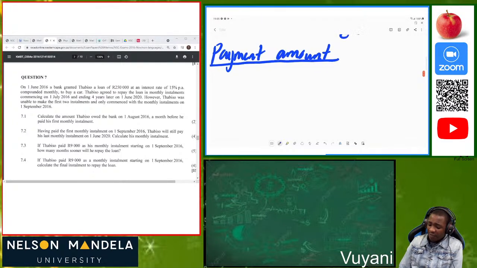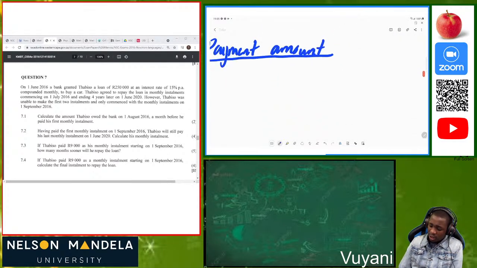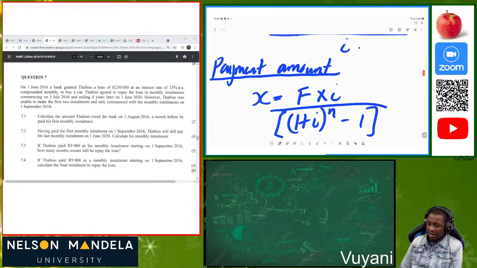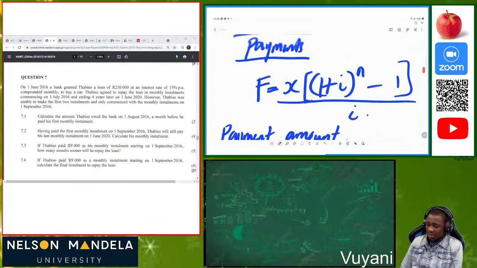If they ask you to calculate x, it's easy. Your x will always be equal to F times i, all divided by (1 plus i) to the power n minus 1. So this is the formula to calculate the payment amount under the future value.